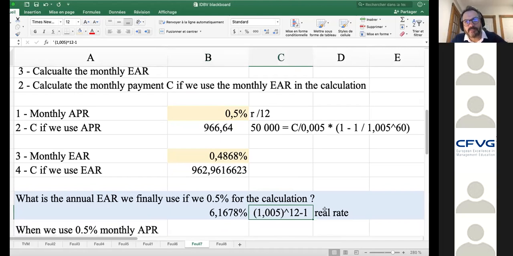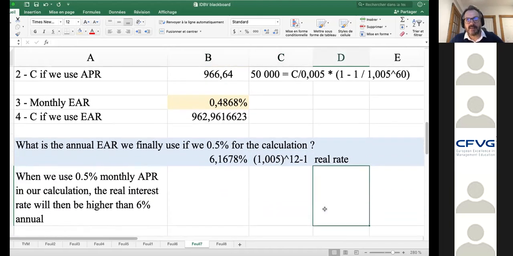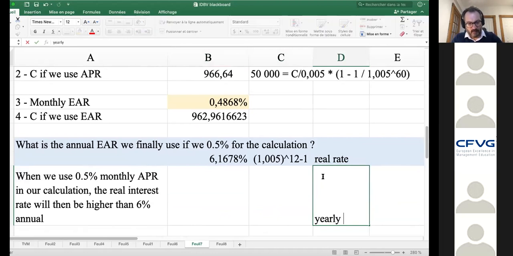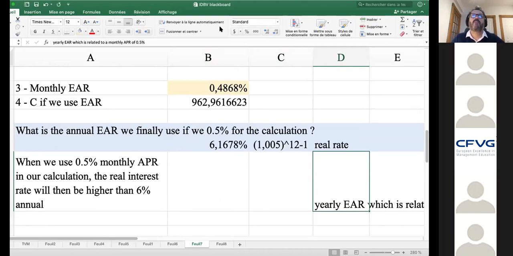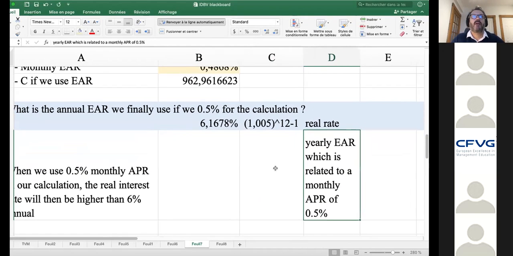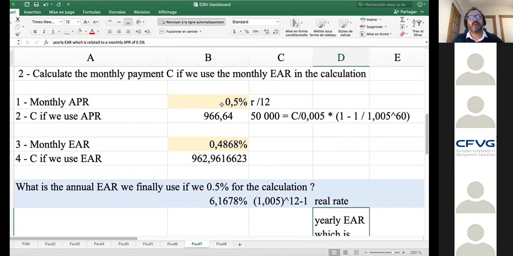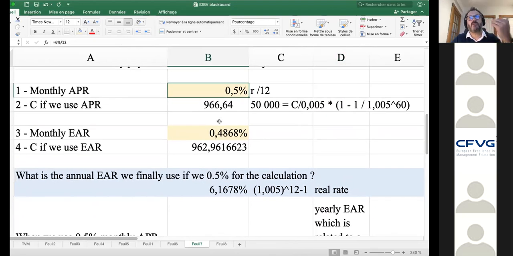So the yearly rate, so that is the, let's say the yearly EAR, which is related, let's say, to a monthly APR of 0.5%. Okay. So by using the monthly APR here, we are taking a more expensive solution.